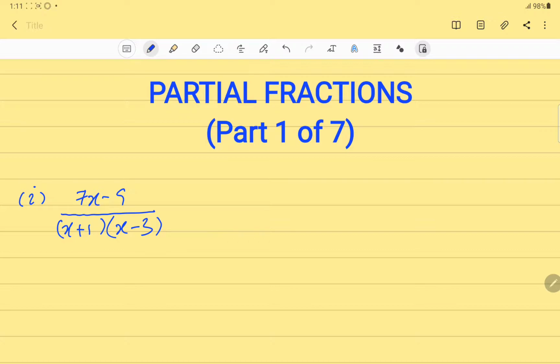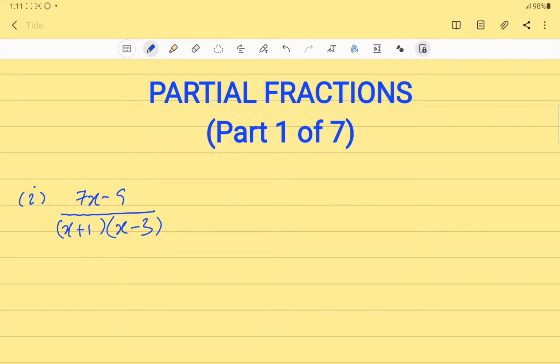When we go for resolving into partial fractions, the first thing we need to check is that the degree of x in the numerator should be lesser than the denominator.